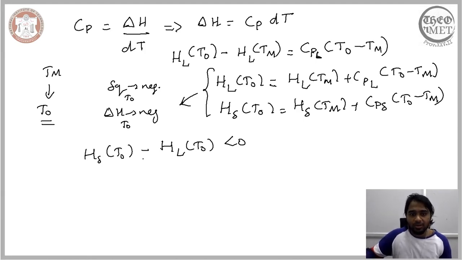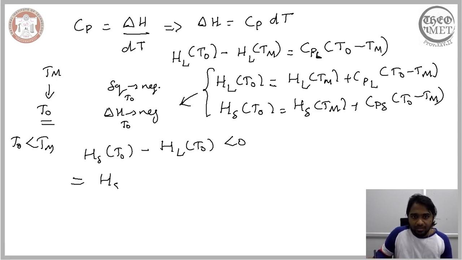Now since we already have an expression for Hs at T0 and HL at T0 in terms of the corresponding enthalpies at the temperature close to the melting point, we can try to express this in a different manner. So this difference in the enthalpy of solid and enthalpy of liquid at this lower temperature T0, which is much lower than Tm, is nothing but Hs minus HL, both at the higher temperature Tm.